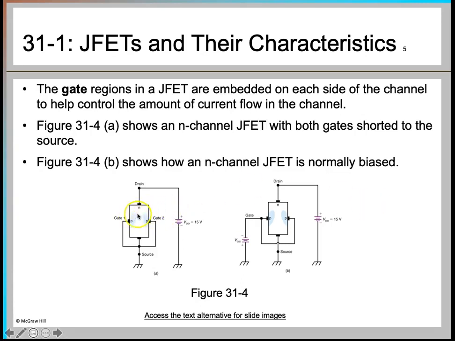and in reality, if we see these two depletion regions, they will never touch each other, but the width is going to be very, very small and very close to each other. The reason why these two depletion regions will never touch each other is the voltage drop across the resistance which is formed in between the channel.